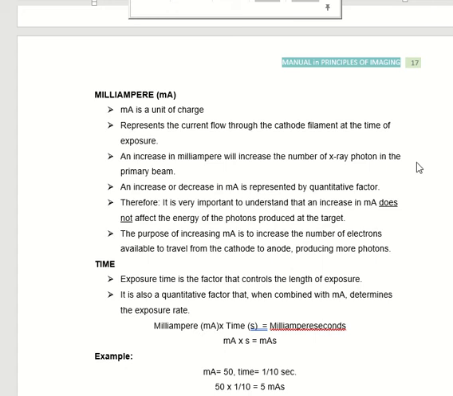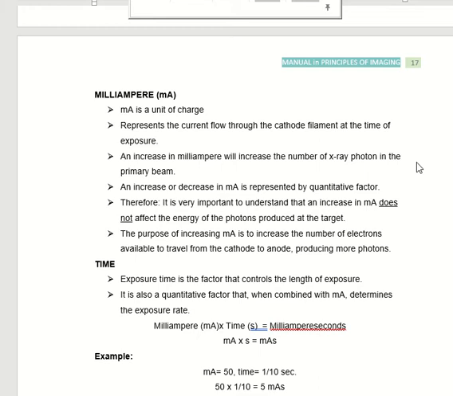So when combined with MA, the time and MA determine the exposure rate. So when we say rate, that is over time. Meaning, when we talk about exposure rate, it is the amount of exposure received by the patient for a specific period of time. So to calculate MAS, we simply multiply the milliampere and time.